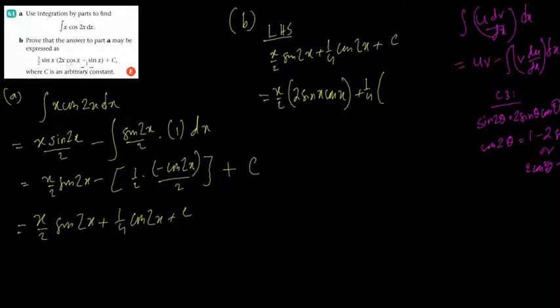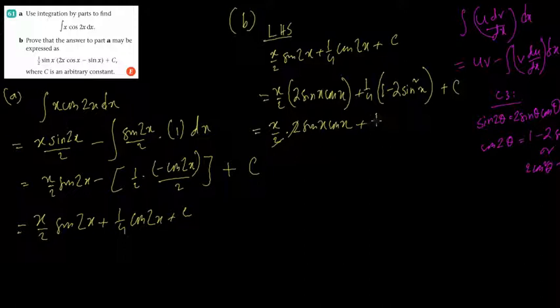In the answer we have sine squared, because if you multiply the sine x with the sine x, it becomes sine squared. So let's try to break it down like that. So 1 minus 2 sine squared x, and the plus c is here. So this would be x by 2 into 2 sine x cos x. This 2 and this 2 cancel.